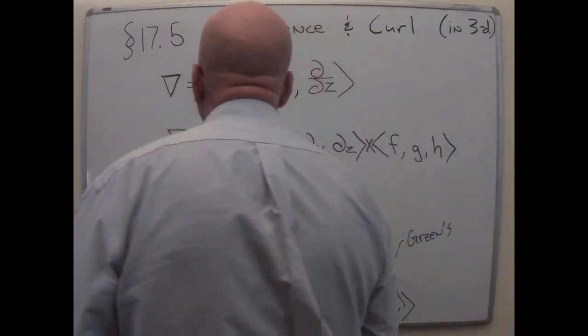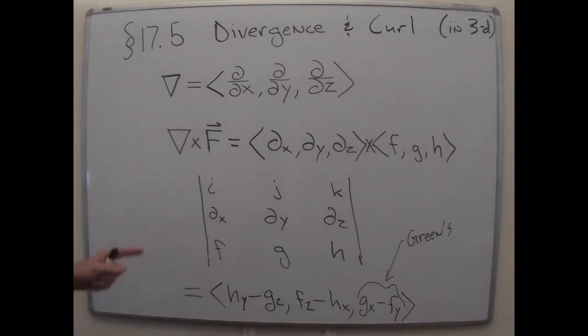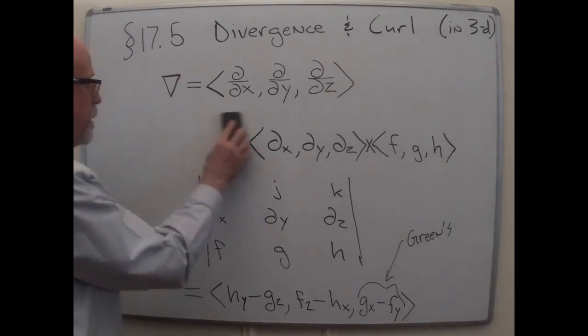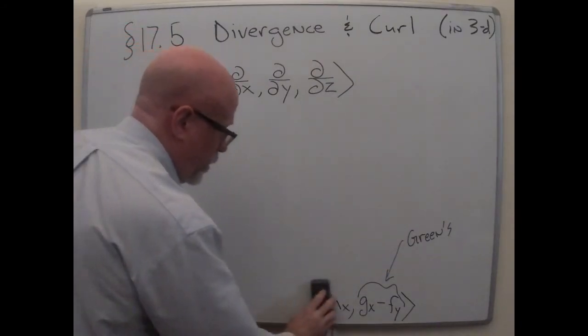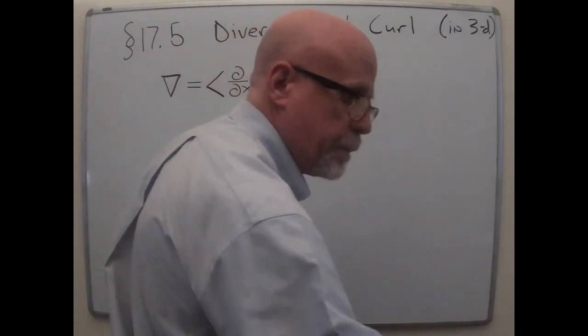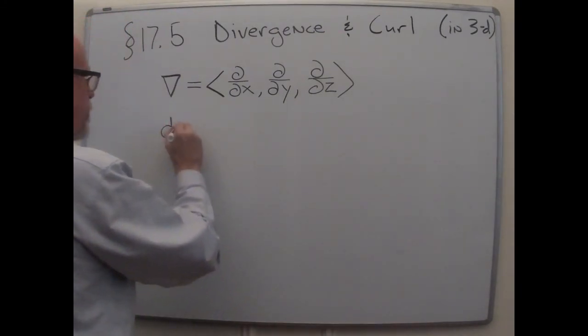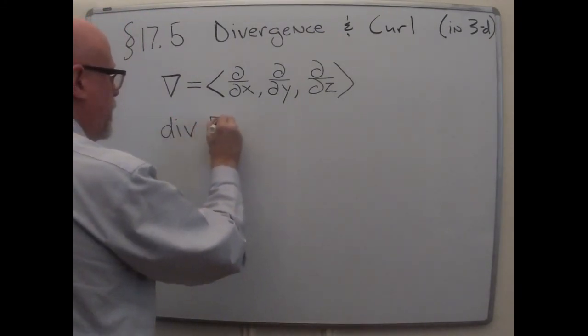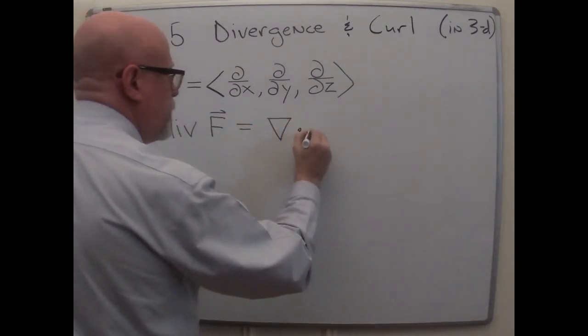So, actually, now that I've used the term, I should probably write it down. When we take the del operator and we dot it with a vector field, we get a thing called the divergence of the field. And when we cross it with the field, we get a thing called the curl of the field. Just some definitions. Divergence of a field f is equal to del dotted with f.